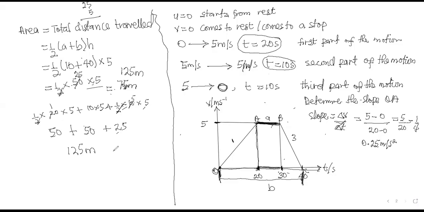Now you see, we can also use the equations of motion to calculate the same thing. But here you must divide it into parts: first part of the motion, second part of the motion. The first question requires that we calculate the initial acceleration.